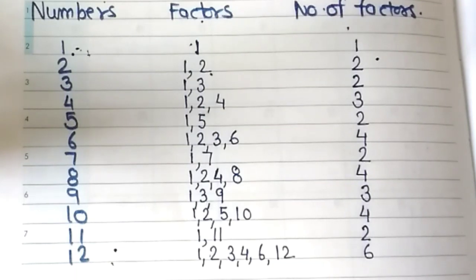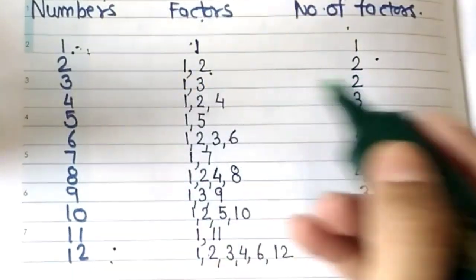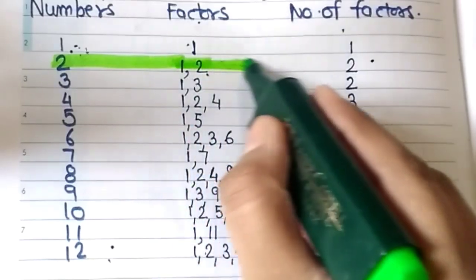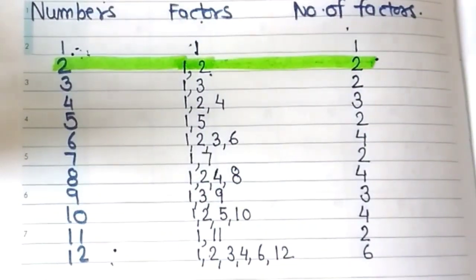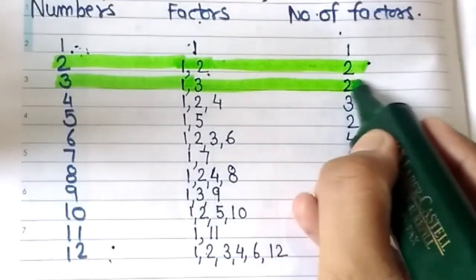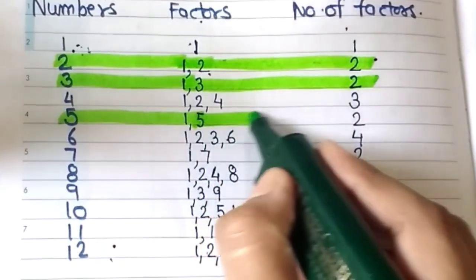Now students, I'm going to highlight some numbers here. Number 2, its factors and its number of factors. Number 3, its factors and number of factors. Number 5, right?